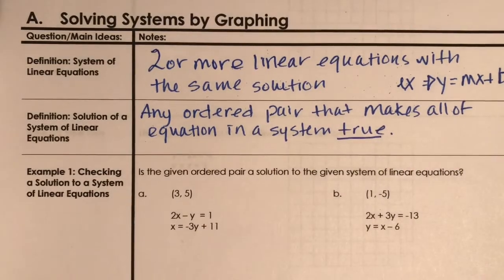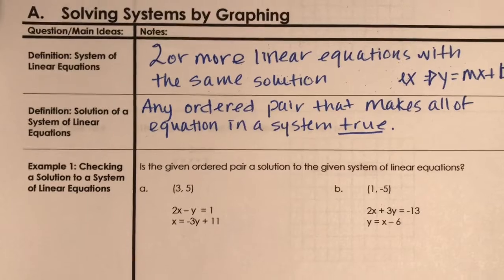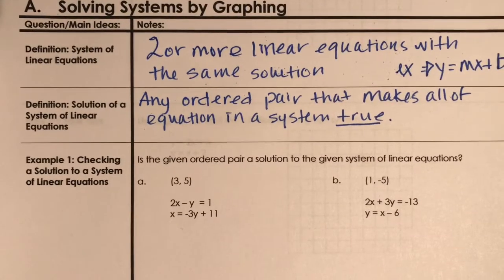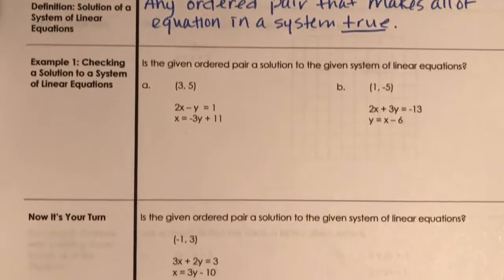Okay, so that means that if you have 2 equations in a system, the ordered pair, which is the point of intersection, would be true for both of those equations.